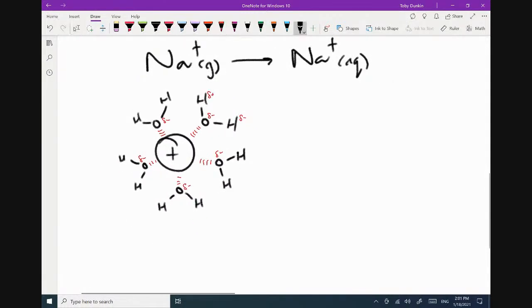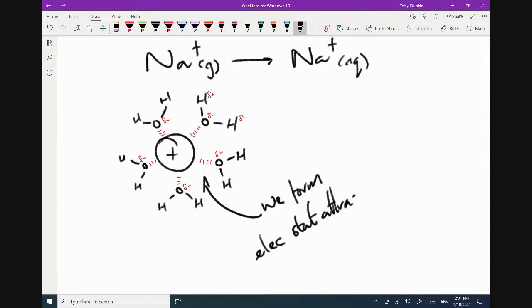So we're actually forming, during this process, electrostatic attractions between the positive ion and the slightly negative oxygen.